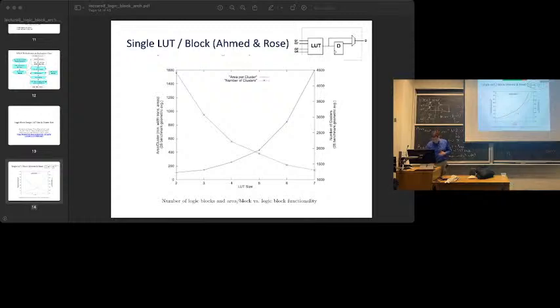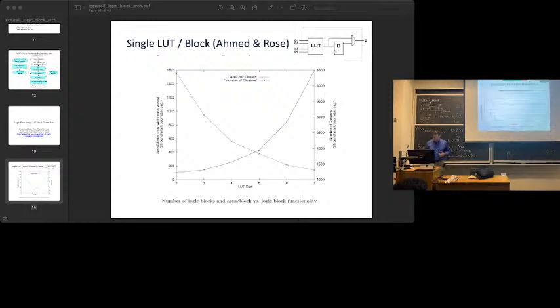So this curve is going up really fast. But at the same time, the number of lookup tables you need is going down, because the synthesis tools can pack more and more functionality into one of these bigger lookup tables. They don't need as many, and that's what this curve is showing. So you need fewer lookup tables for their benchmark circuits, but each one of these logic blocks is bigger.